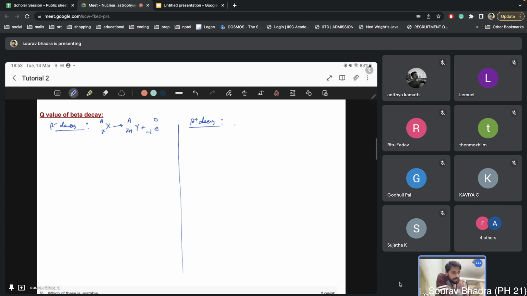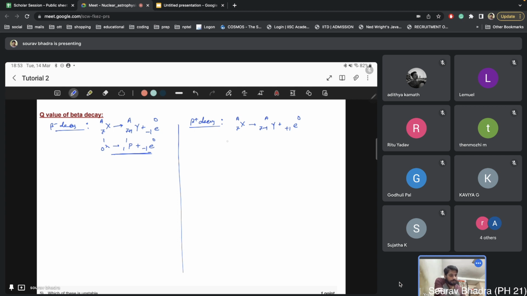Beta plus decay is just the opposite of this, that is Z A to Z minus 1 Y A, plus plus 1 e 0. This is a positron, plus 1 e 0, which is the same as an electron but with a positive charge equivalent to the electron. An example is neutron decay, 1 n 0 to 1 p 1 plus minus 1 e 0. This is an example of beta minus decay.